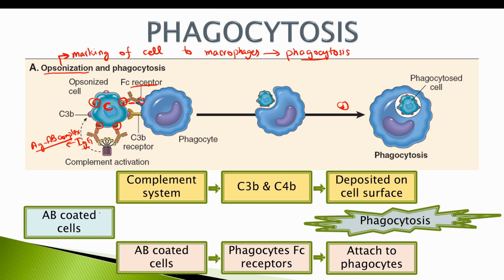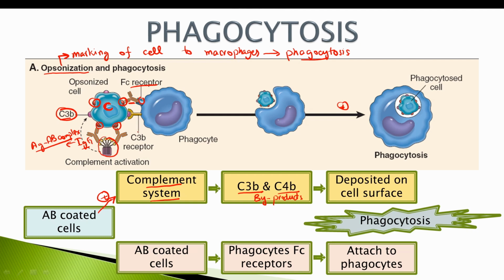In addition to antibody coating, antigen-antibody complex also activates the complement system. This complement system results in the production of C3b and C4b byproducts. As you can see here, this is the complement system which is activated by the antigen-antibody complex, resulting in the production of C3b byproducts of the complement.